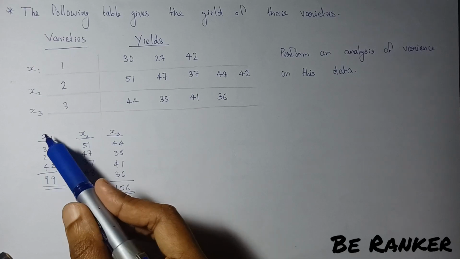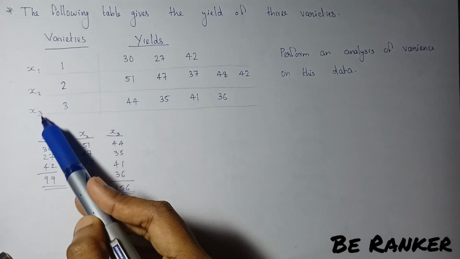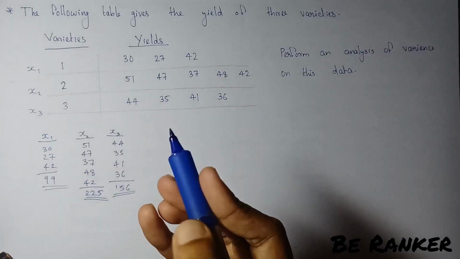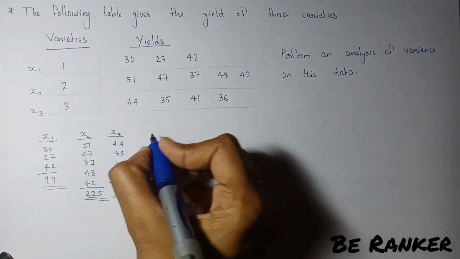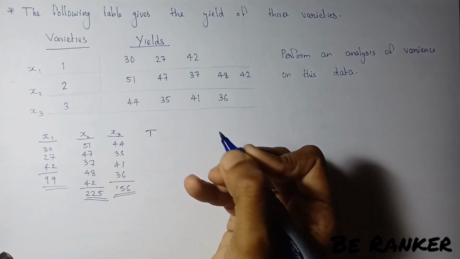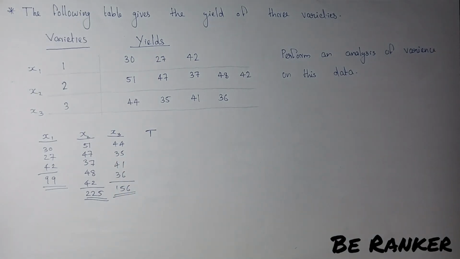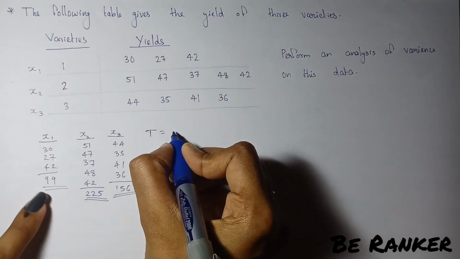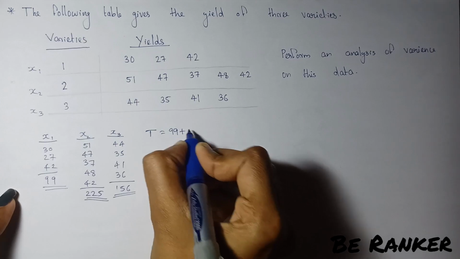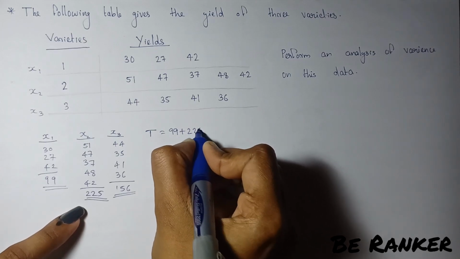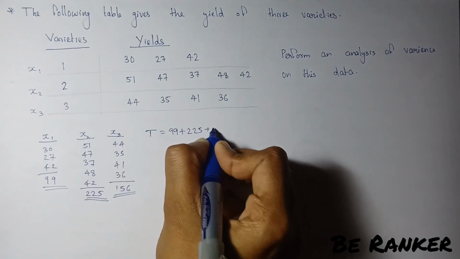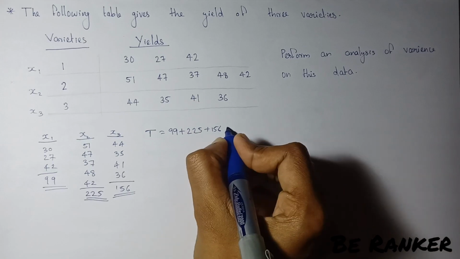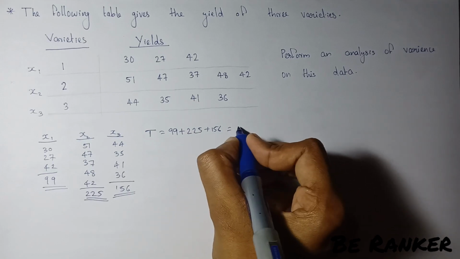So now we find the sum of the three rows, x1, x2, x3. As a first step, we want to find the value of T, the sum of all observations. T is equal to 99 plus 225 plus 156, and the total is 480.